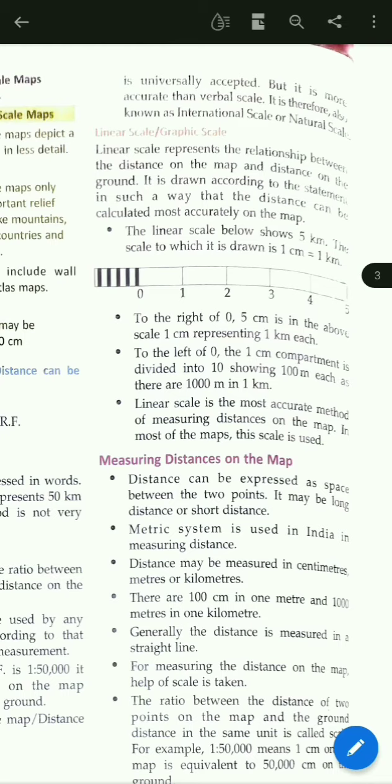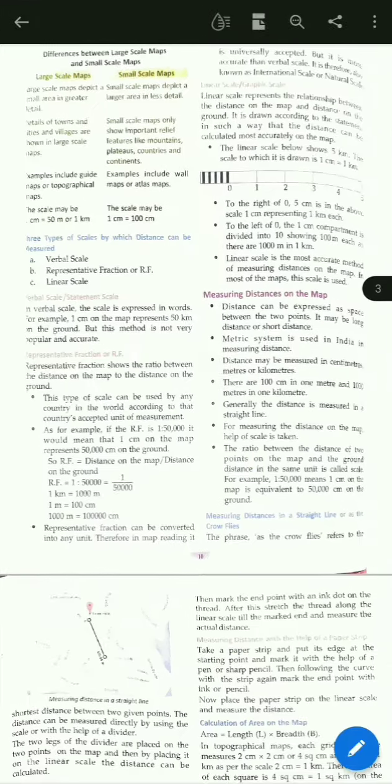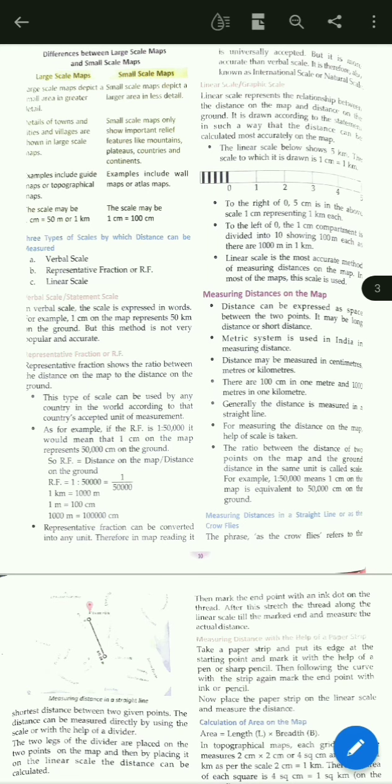Okay students. So it is a type of scale which represents the relationship between the distance on the map and the distance on the ground. It is drawn according to the statement in such a way that the distance can be calculated most accurately on the map.